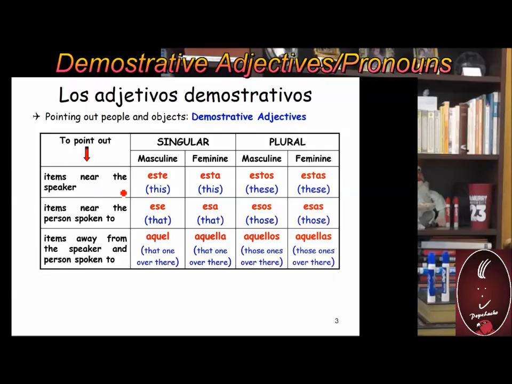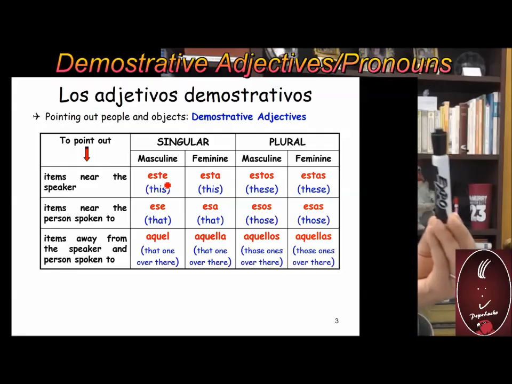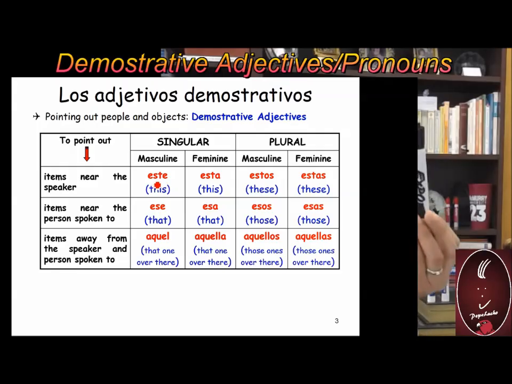Let's use the first one using this example. Este marcador es negro. I will use este because marcador is a masculine and singular noun.